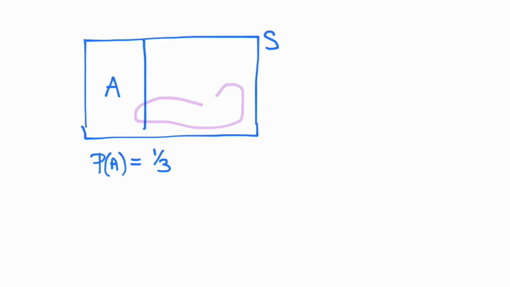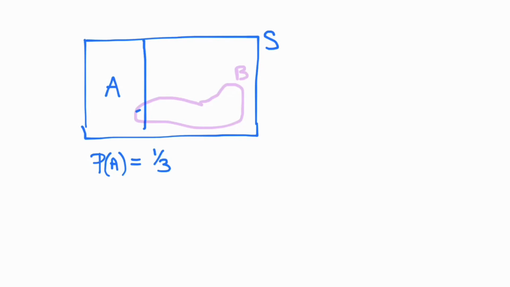It is not easy to represent independence in a Venn diagram, but I will try to show you how we can do that. Suppose this is S, and this is the event A, and the way I've drawn it, the probability of A is 1/3. And now let's say we have an event B that is like this. And we find that if I know B has occurred, the chances of A occurring is pretty small.